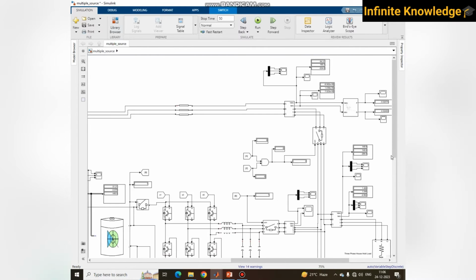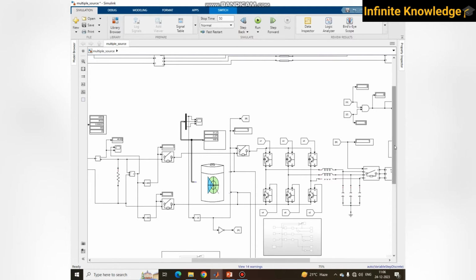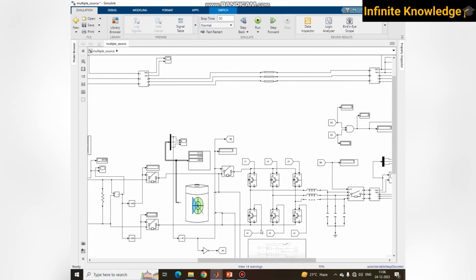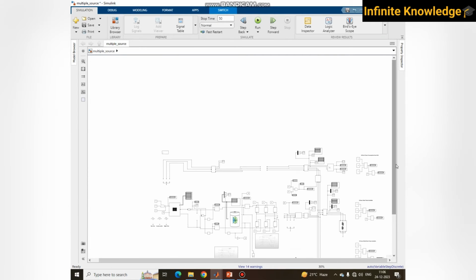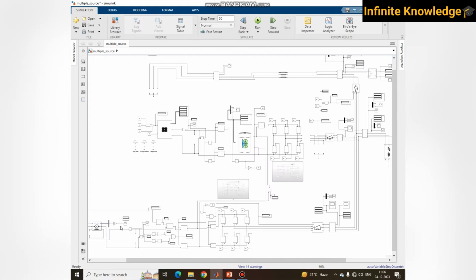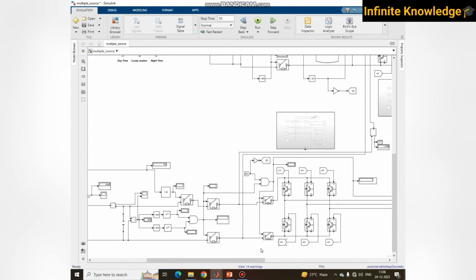According to the different scenarios and the logic that I have developed in different parts, your breakers will be switched on and off. So now I think you understood the basic simulation that I have covered. I have considered three different sources: one is the grid, second is solar, and third is wind.